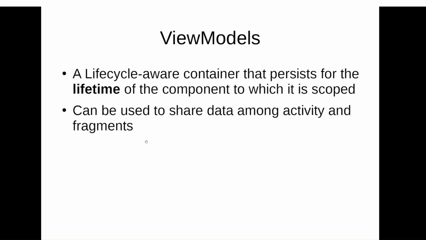Once a view model is initialized against a particular component, that component being an activity or a fragment, it will remain in memory for as long as that component is in memory.